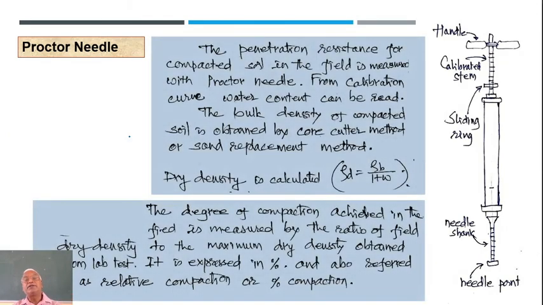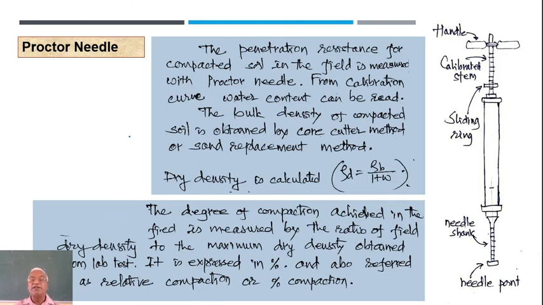The penetration resistance for compacted soil in the field is measured with the Proctor needle. From the calibration curve, water content can be read. The bulk density of the compacted soil is obtained by the core cutter method or sand replacement method. Otherwise, even density can be calibrated to the penetration resistance, and then density can be found.